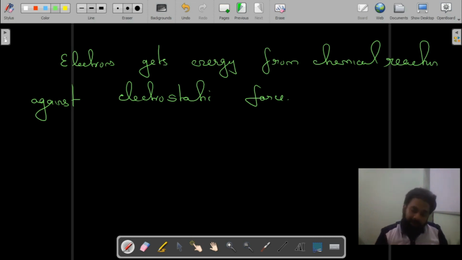But the energy from this chemical reaction will drive electrons to move from cathode to anode.